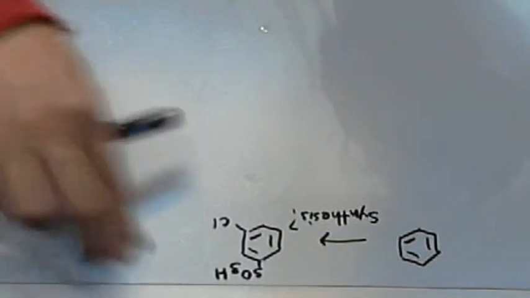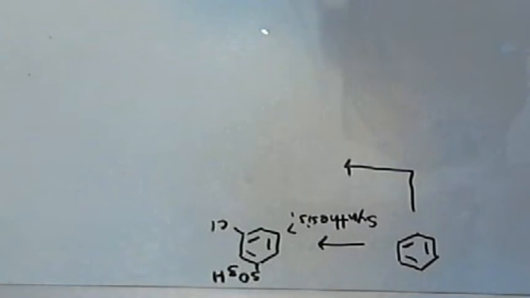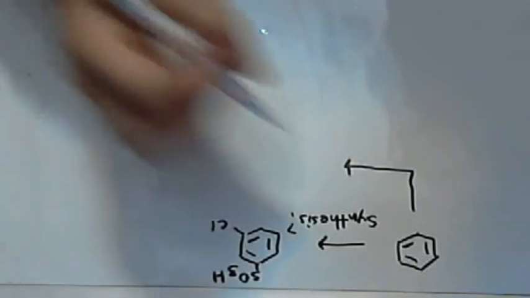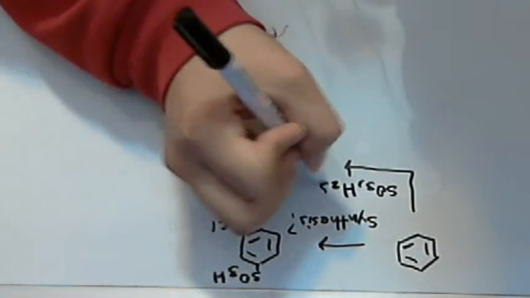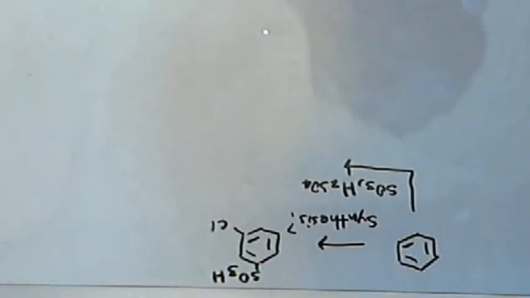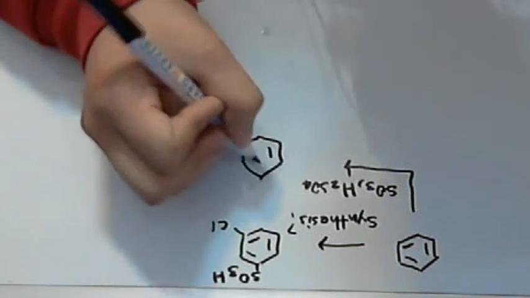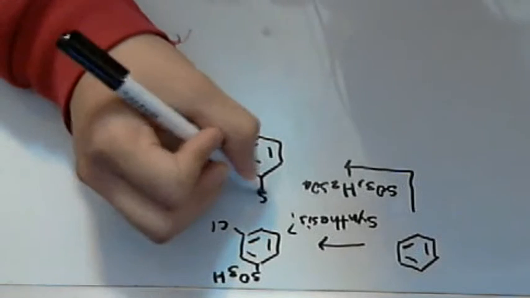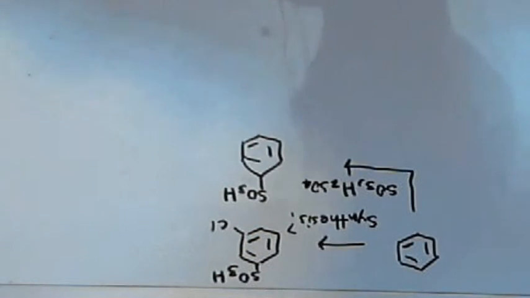So what we have to do is carry out the reaction that tacks on SO3H first, and that's SO3, H2SO4, right? That's going to add an SO3H to our benzene ring. And remember, you have to have these reactions memorized.